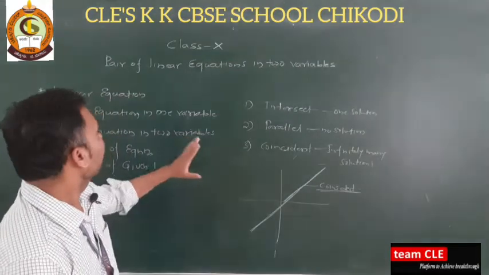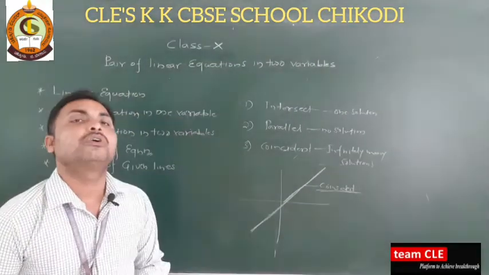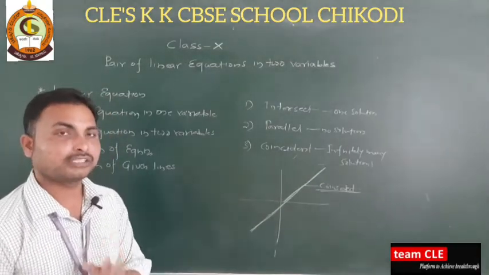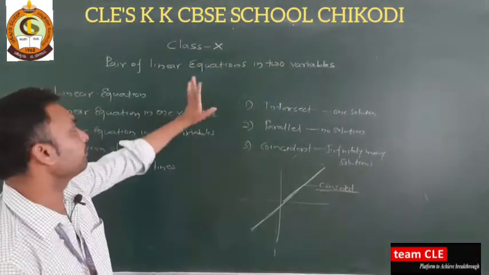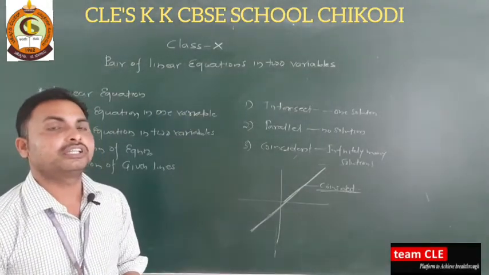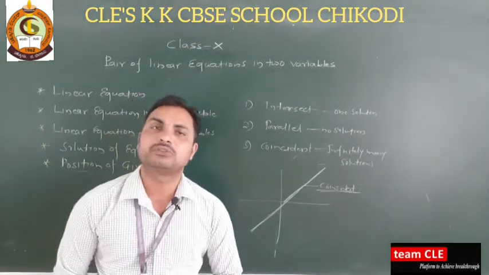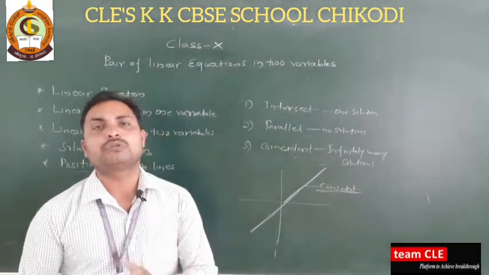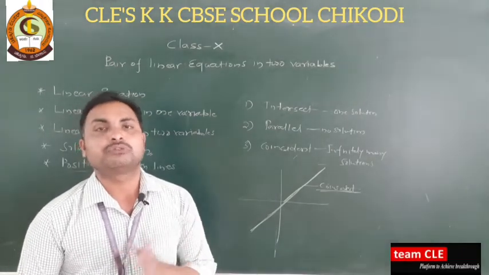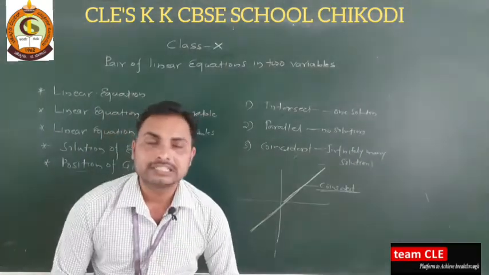Now we need to study pair of linear equations in two variables. That we will be studying in the next class. As I told, a pair of linear equations means we can write the equations in the form a1x plus b1y plus c1 is equal to 0, a2x plus b2y plus c2 is equal to 0, where a1, a2, b1, b2, c1, c2 are real numbers, and a1 and a2, b1 and b2 are not 0.